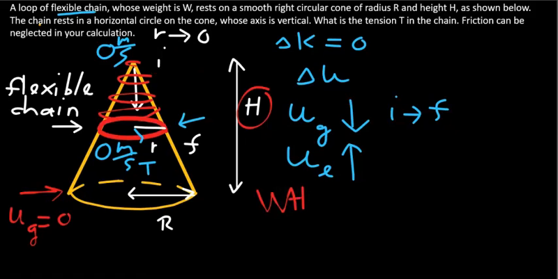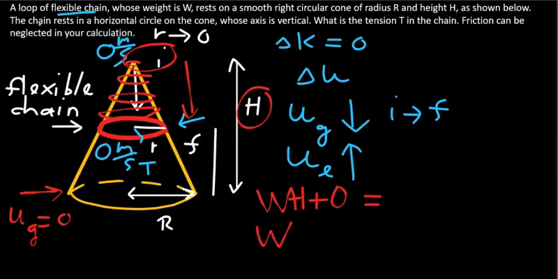We note that at the initial state the radius of this chain is 0, so it does not have any elastic potential energy. So 0. As it descends to the final state, its gravitational potential energy becomes reduced, and that is the mass times gravity, which is again the weight, times the new height, the height there as marked. Let's call it y. So it becomes Wy.